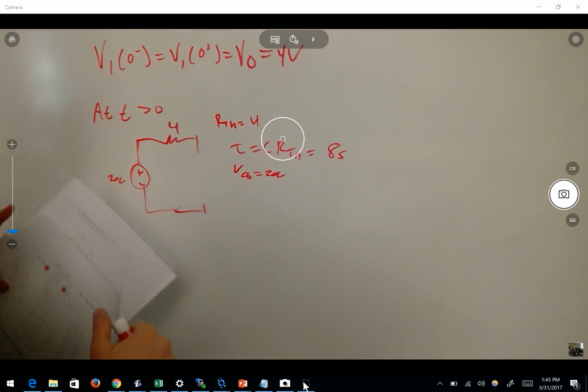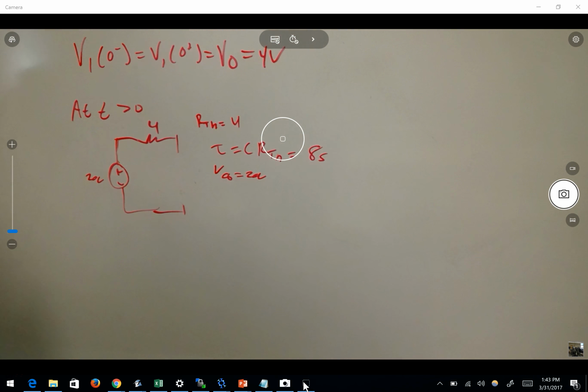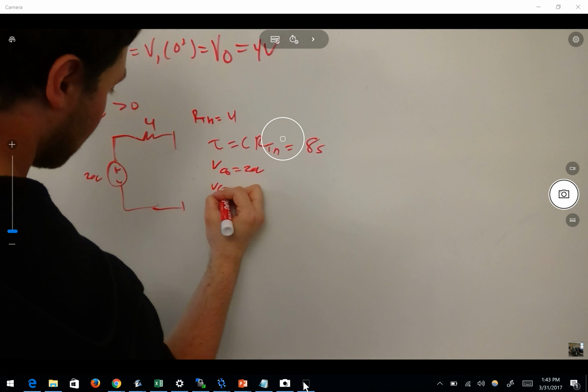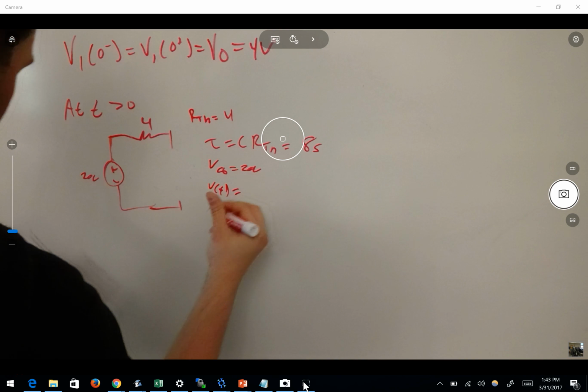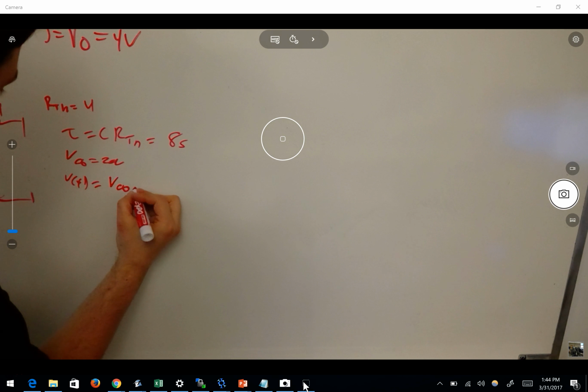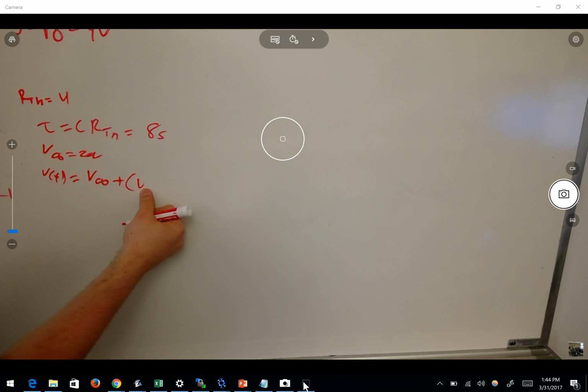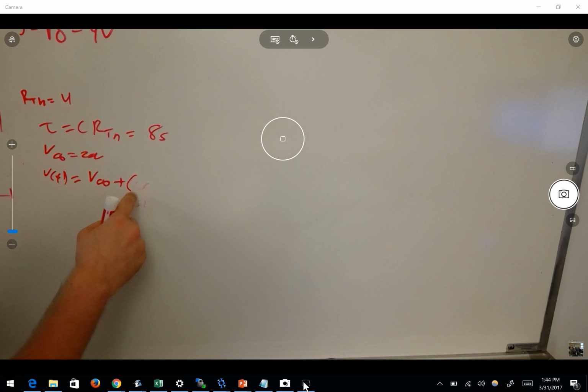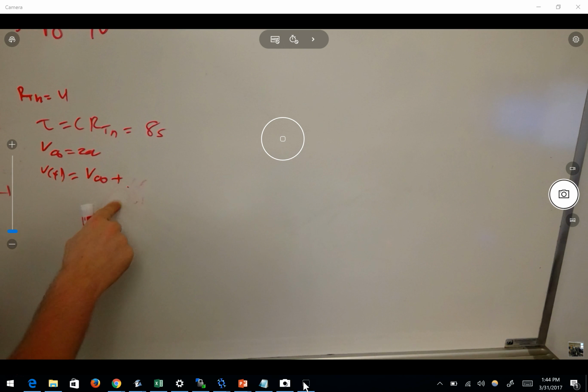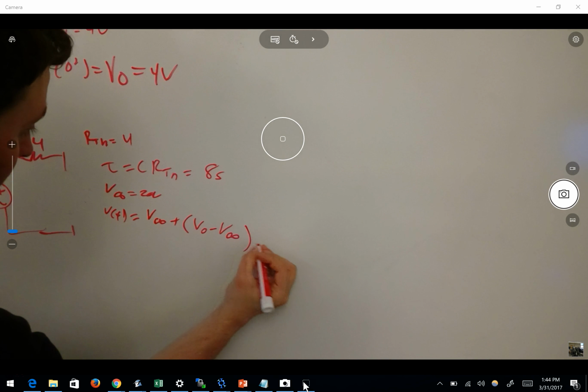Now you construct the solution. The general formula is V infinity plus parentheses, V0 minus V infinity, or what you're calling V1, times e to the minus t over tau.